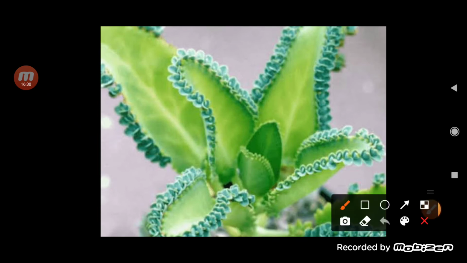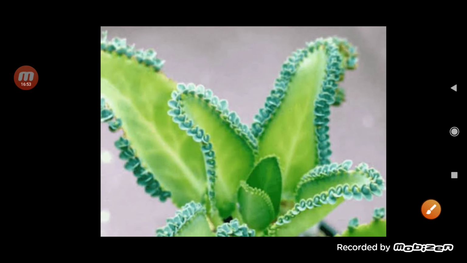So you can see here, these are the buds which are present on the leaves of the bryophyllum plant. Okay, these are the leaves, students. And these buds which are present on the edges of the leaves have the capability that they can grow.